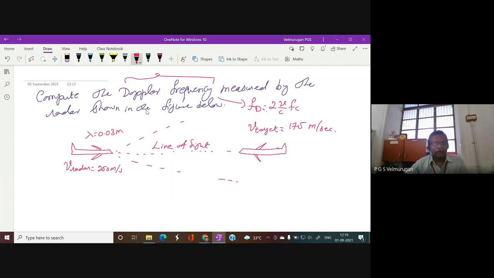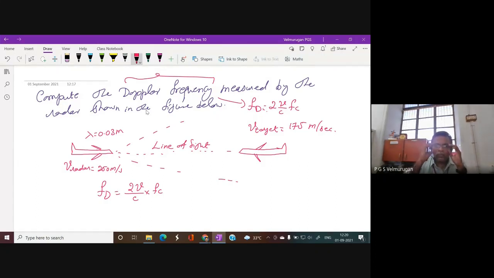So from this information, can you find fD? The fD formula is 2V by C into fC, the carrier frequency. Is carrier frequency information present in our problem?